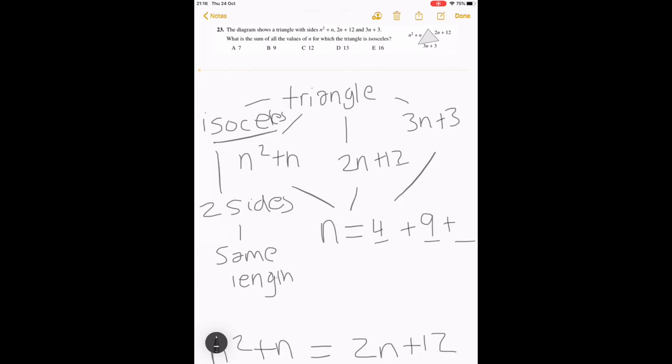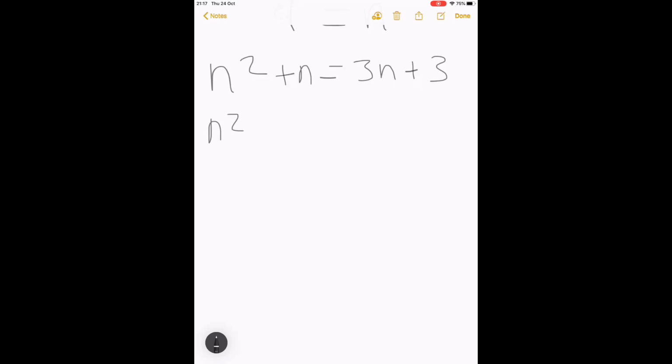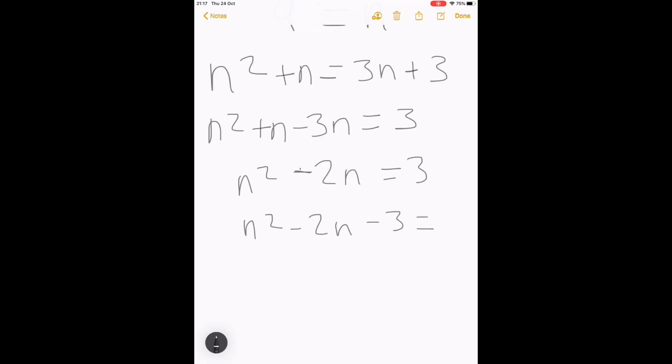And then lastly, we can use our third combination, which is n squared plus n equals 3n plus 3. To do this one, we take 3n onto the first side, so n squared plus n minus 3n equals 3. Simplifying that, we get n squared minus 2n equals 3, and then n squared minus 2n minus 3 equals 0.